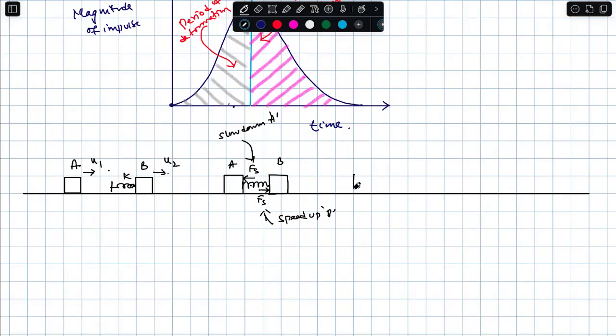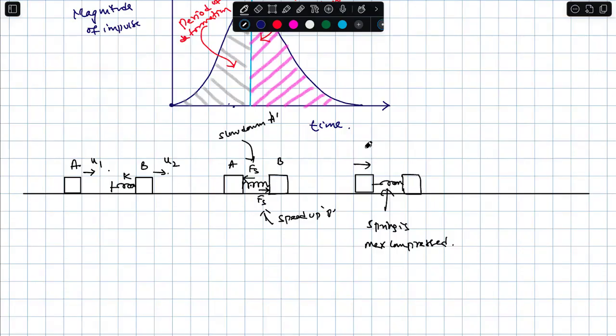Till both ends of the spring, in this case, the spring is at maximum compression.